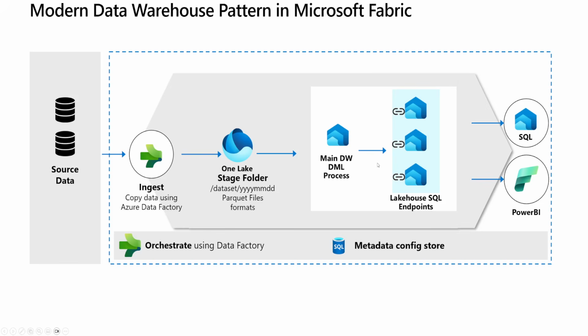And then from a publishing perspective, we can build data products using the lakehouse endpoints, shortcutting to our main data warehouse and just adding that additional business augmentation or the business language on top of the data warehouse, so to speak. And then from here, it's the same way. We serve using our SQL endpoints and Power BI.